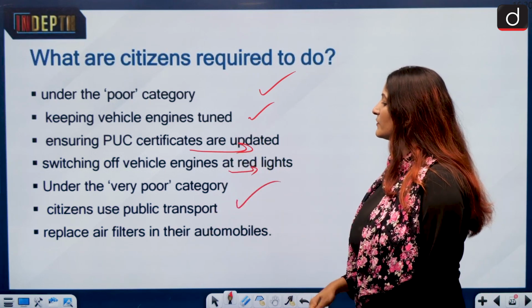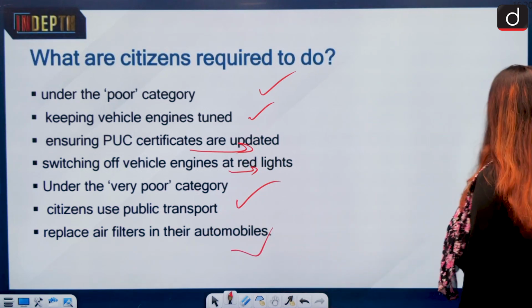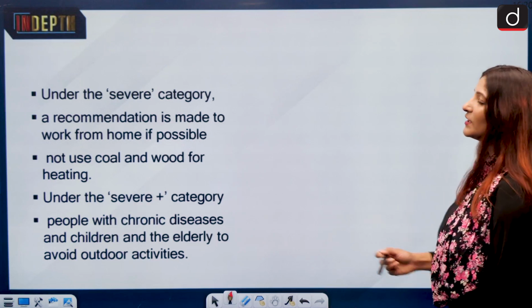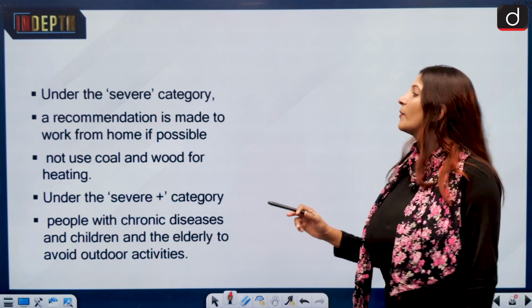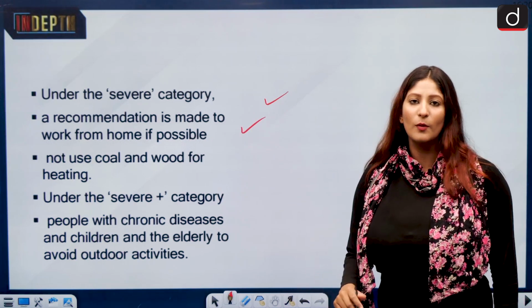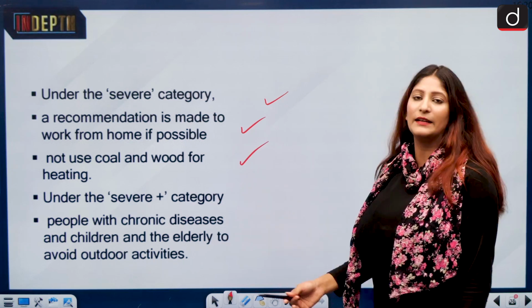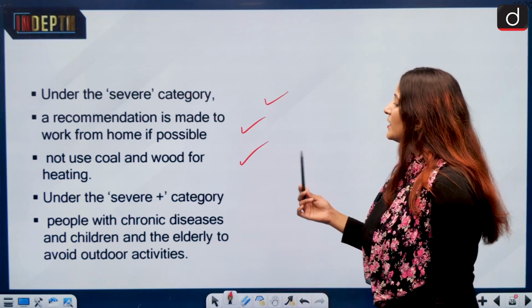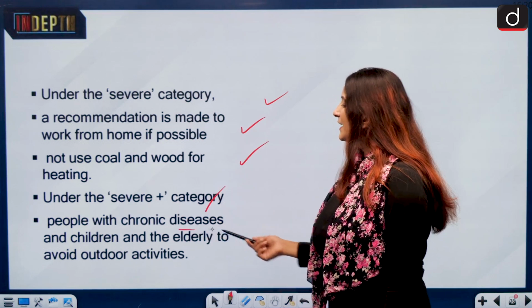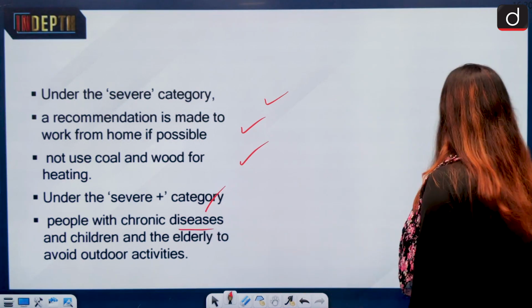Citizens should use public transport, replace air filters in their automobiles so that cleaner air filters can filter the air properly. Under severe category, a recommendation is made to work from home if possible, not use coal and wood for heating. Severe plus category: people with chronic diseases and children and the elderly to avoid outdoor activities.